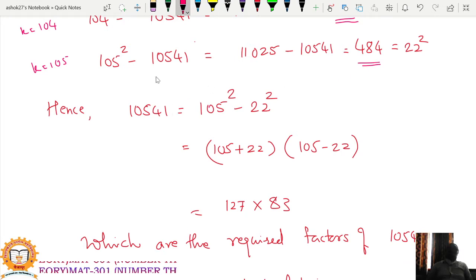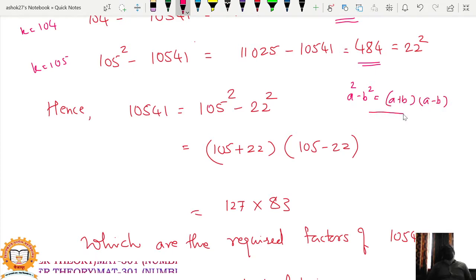In that case 105 square minus 10,541 will be equal to 22 square. So I will write 10,541 as 105 square minus 22 square, and simply using the formula a square minus b square equals a plus b into a minus b, we will get this.